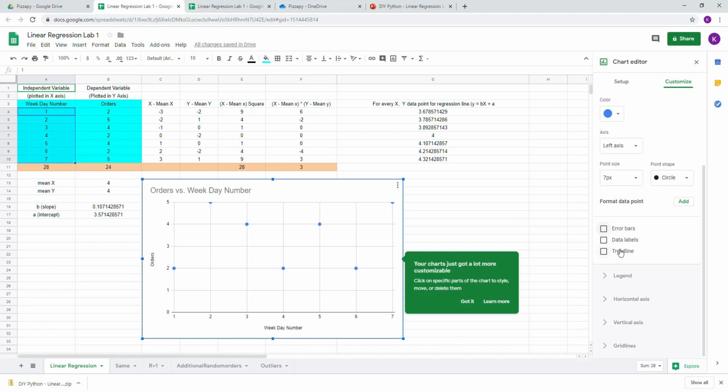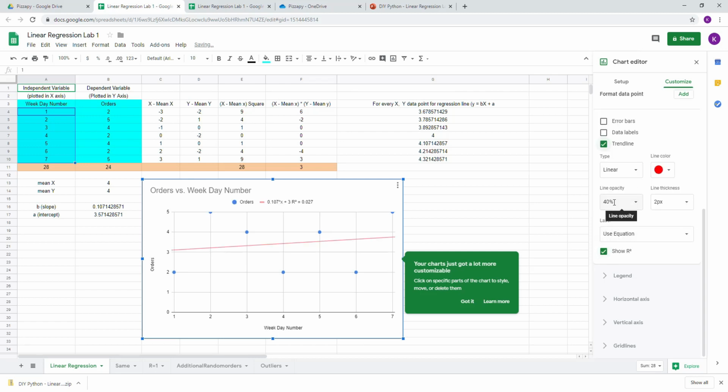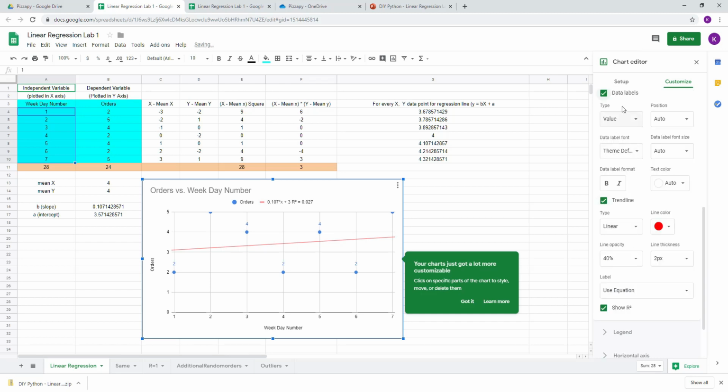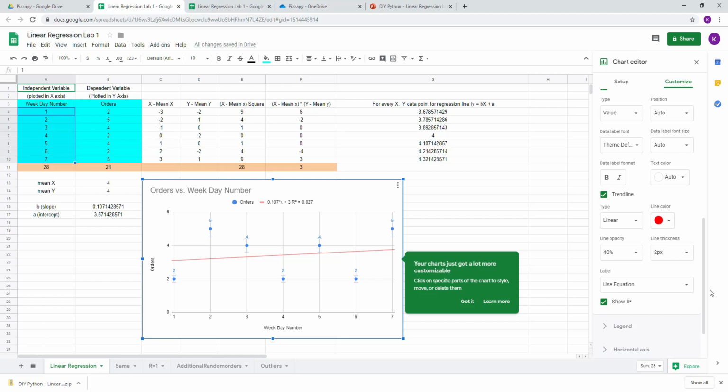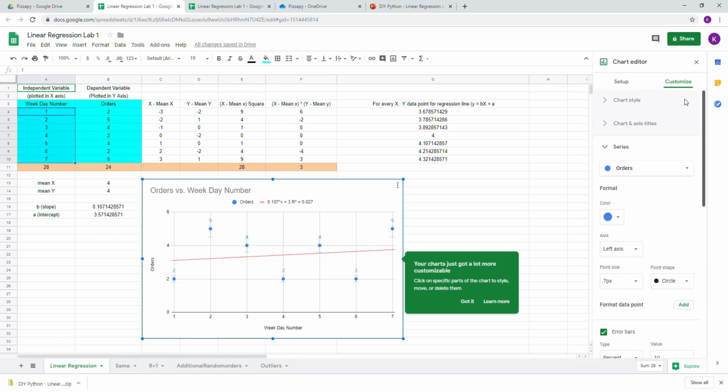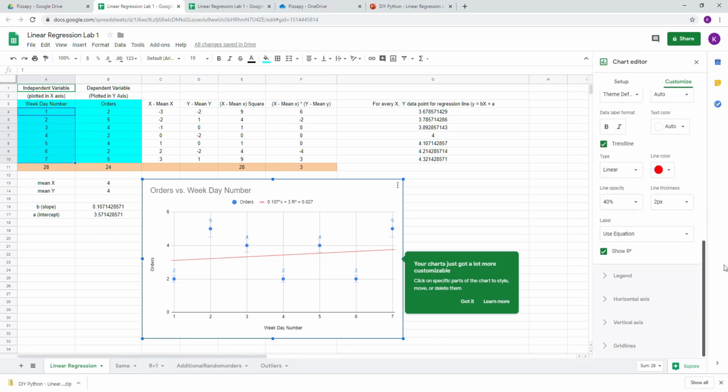But I'll start adding one by one. Again, trend line, and then we have data labels, and also error bars, where you can see there are 2 points around this data point here. And there is also another option under the series section: you have use equation and also show R value.